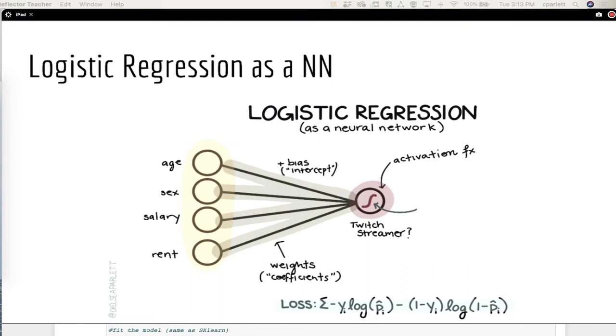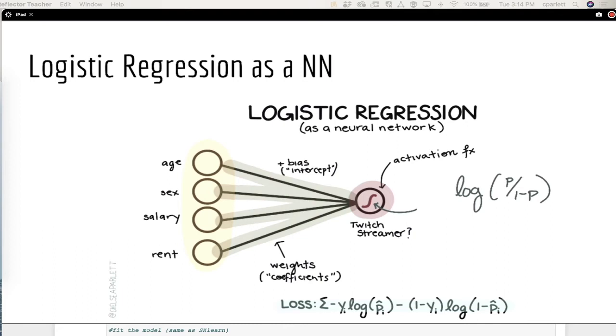And remember when we did logistic regression, we said that instead of predicting a probability or predicting the odds, we're actually predicting the log odds. So we have log of p over 1 minus p.